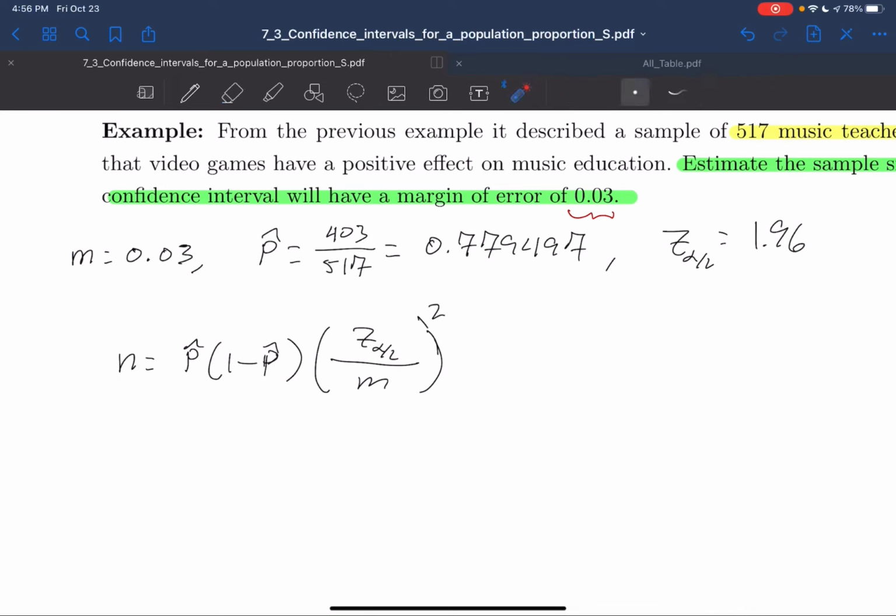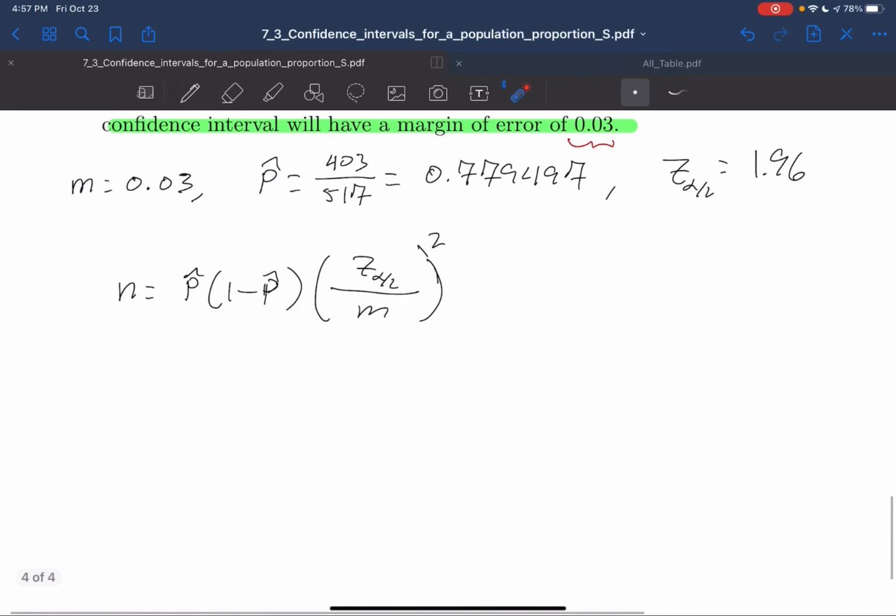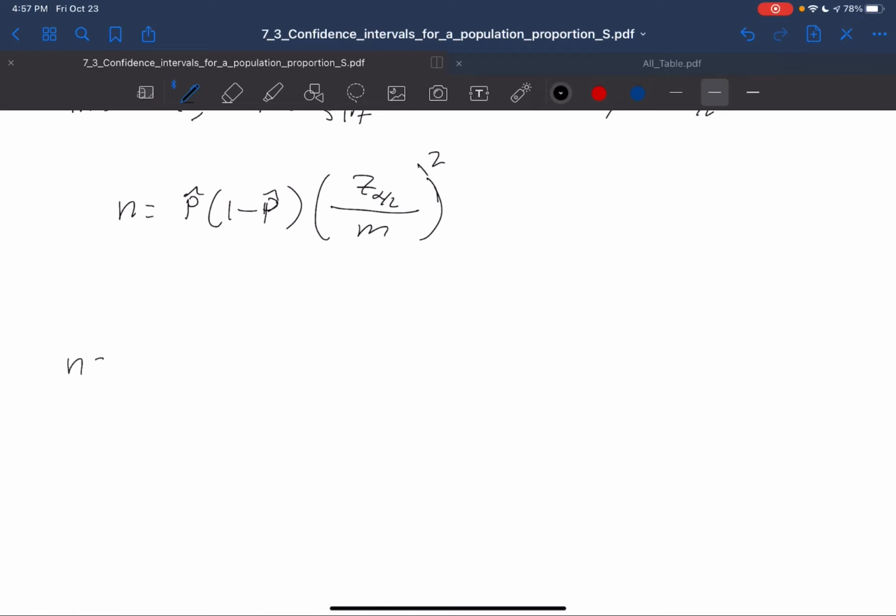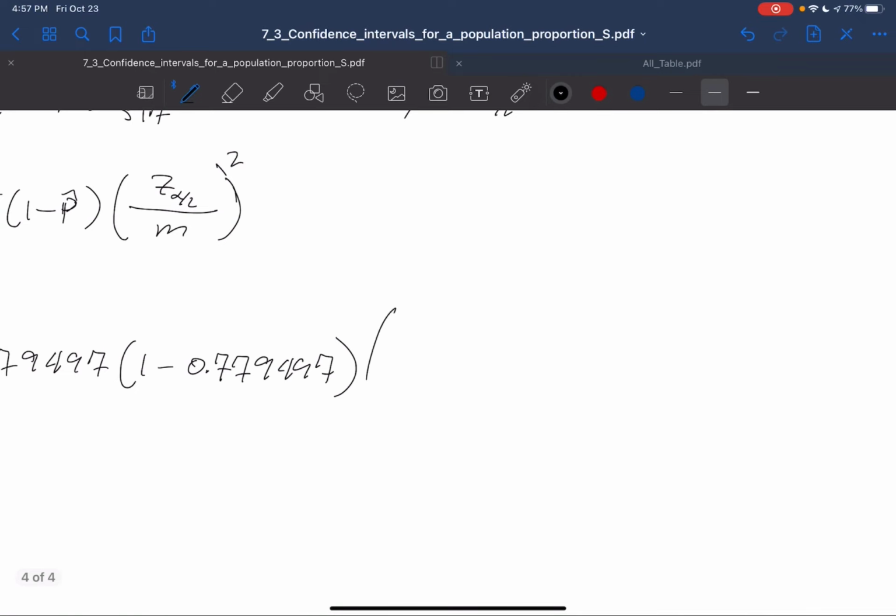Since we already know all these values, all we have to do is plug them in and compute our sample size. So this will be 0.779497 times 1 minus 0.779497 times 1.96 divided by 0.03, squared.